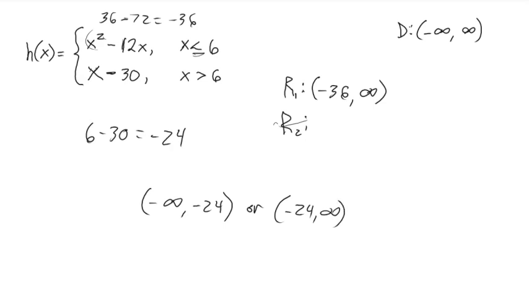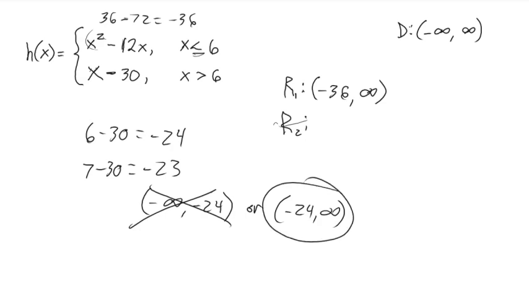And we're going to take a test value. We're going to take something larger than 6, like 7. Well, 7 minus 30 is equal to negative 23, okay? And negative 23 is not on this piece. Negative 23 is on this piece. And therefore, the range here is going to be negative 24 up to infinity.